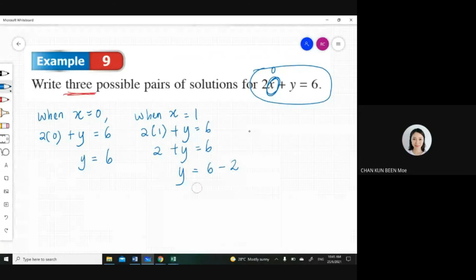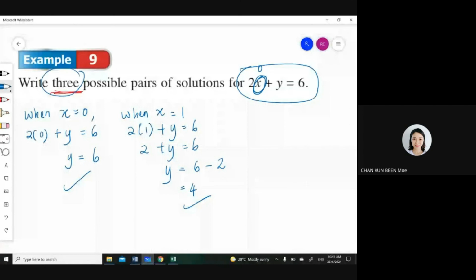Okay. So now, because we want 3 pairs, we already have first pair, second pair, another pair. Can you give me another number to represent the x? 2. Okay, you want 2. We make it 2. So 2 times 2. The x is 2 right now because you said 2, right? X is 2.